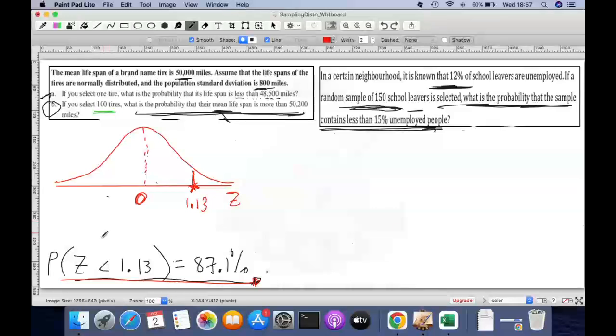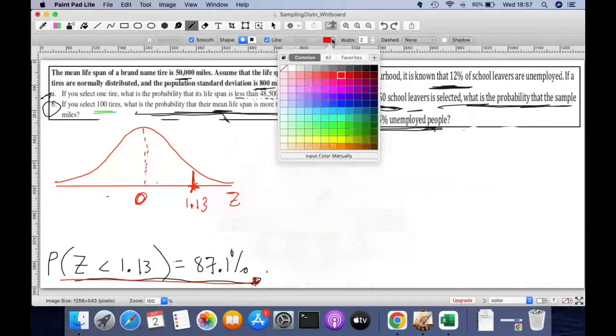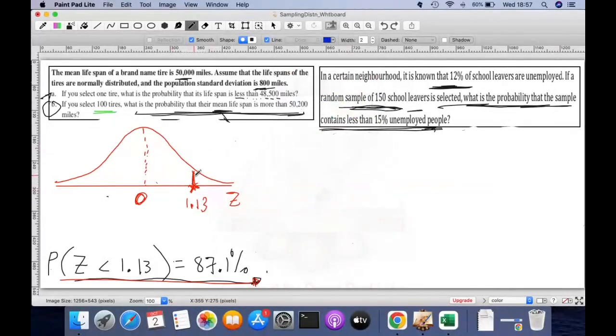Right, there's your 1.13. Now, because we find the probability that Z is less than that, just like we did in the last session, to work out the probability, it's the same thing as working out the area under the curve. So Z less than 1.13 means everything from here and less than it, going that way.